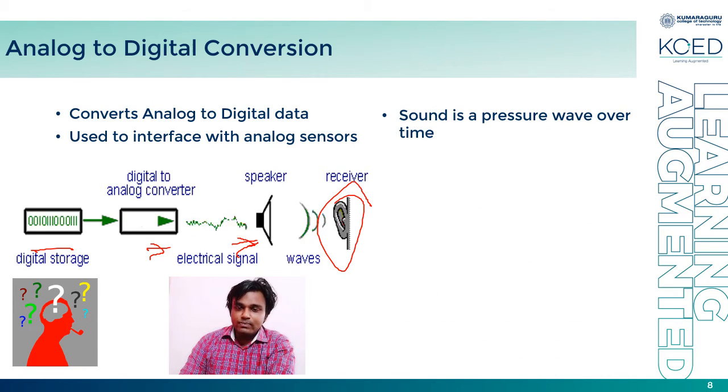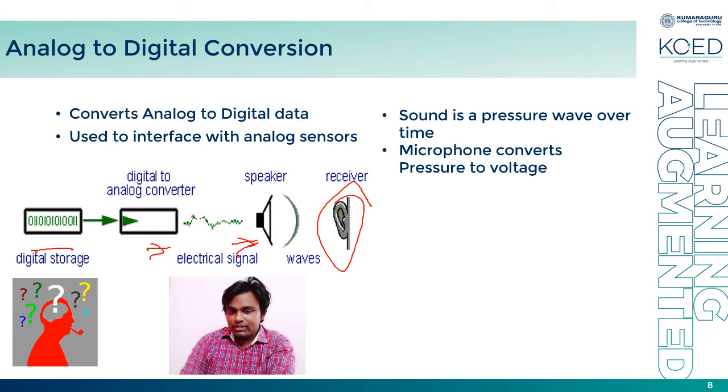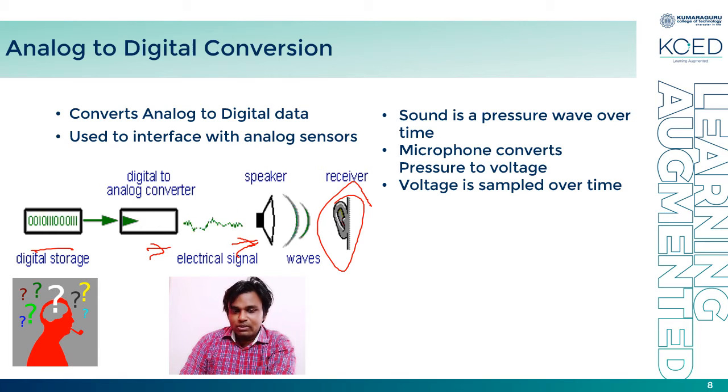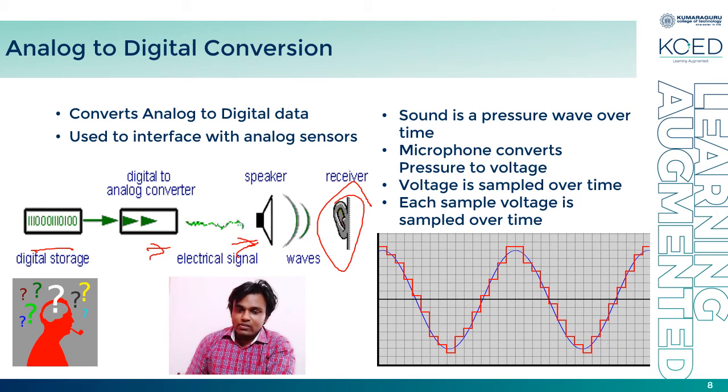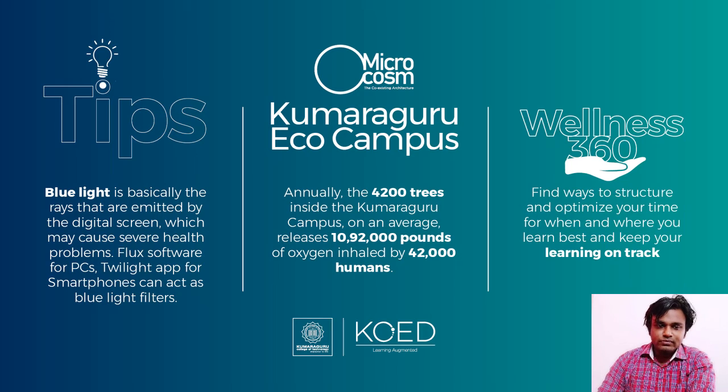Sound is a pressure wave over time. The microphone converts the pressure to voltage. The voltage is sampled over time, and each sample is a voltage. So this is how the analog value is sampled in terms of a digital value. So that's all about sensors and actuators.